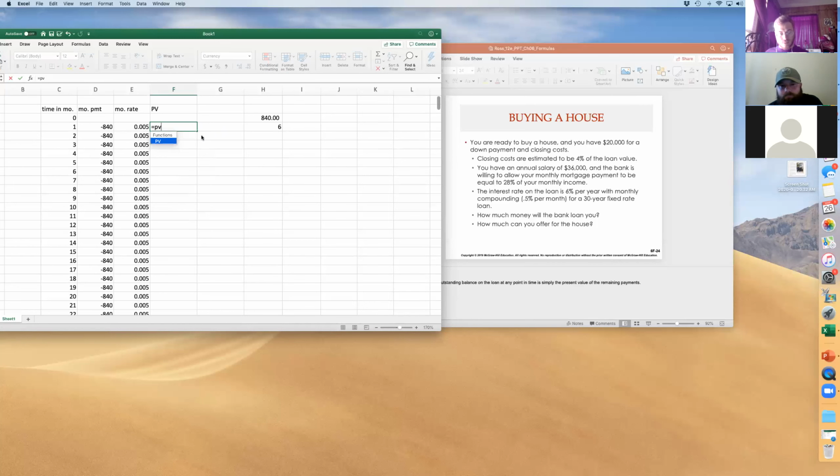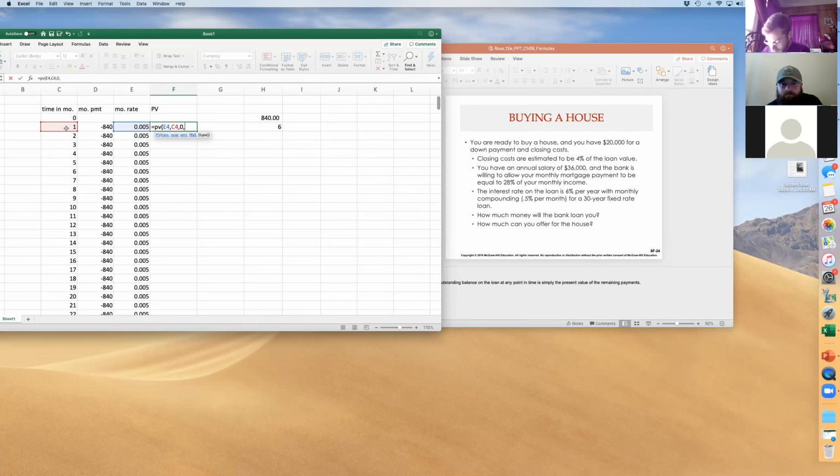So we're just going to find the present value, which would be the loan value. The rate, my monthly rate's going to be that 0.5%. The number of periods is going to be, first, we're finding the present value of this annuity. And so this first period is a monthly term. The first period is the first month.